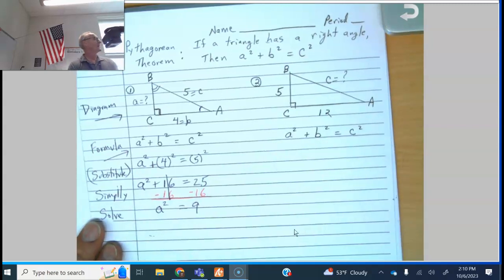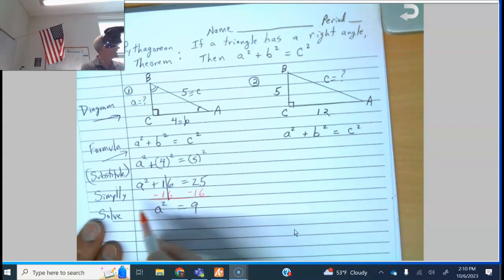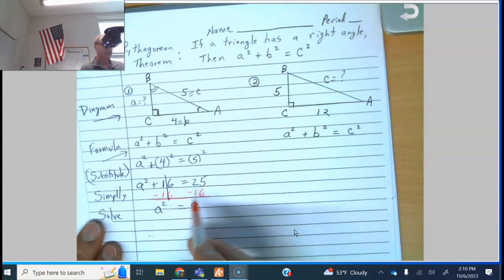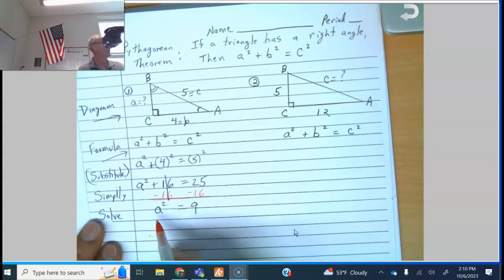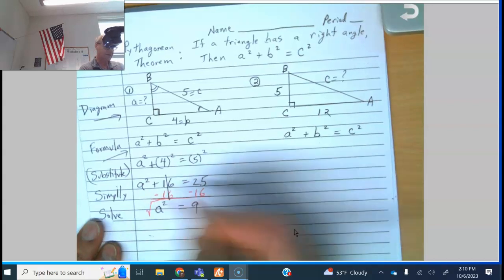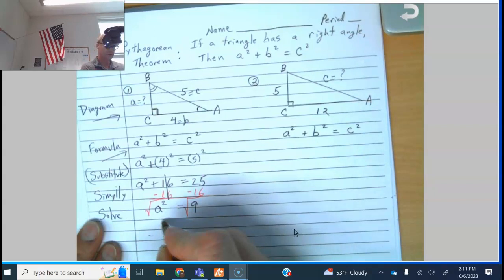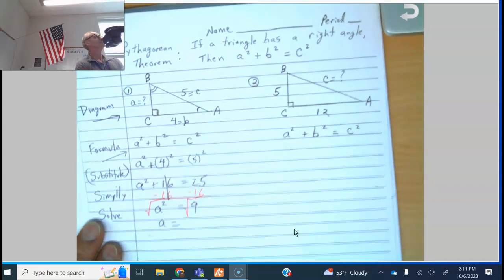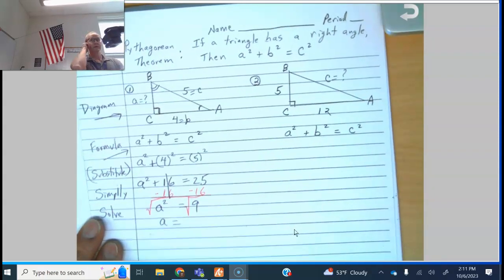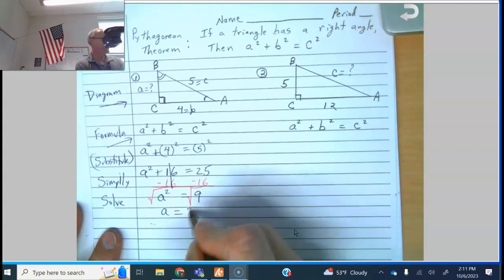Now, when I'm solving, I do the opposite to both sides. The opposite of squaring is called taking a square root or a radical. We're going to take the square root of both sides. And what's A? Square root of 9 is 3, because 3 times 3 is 9.